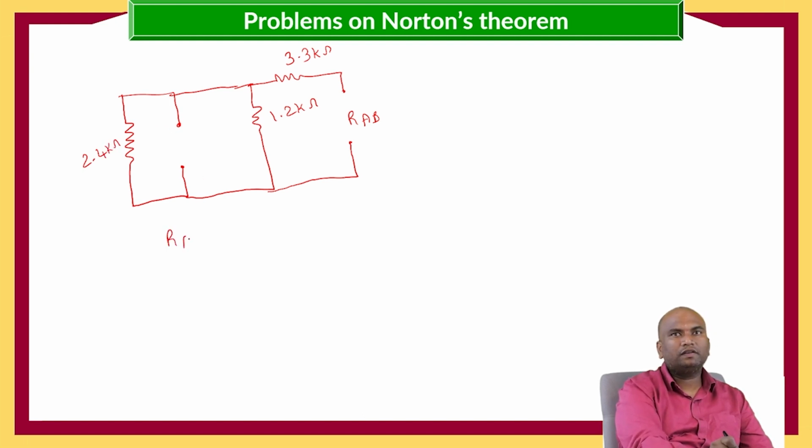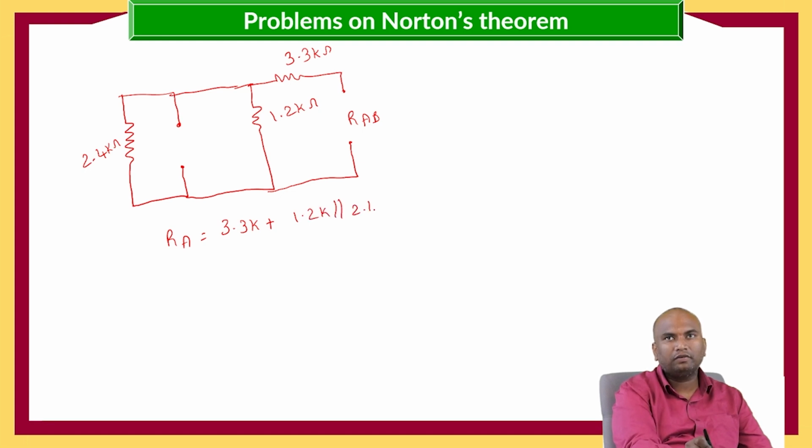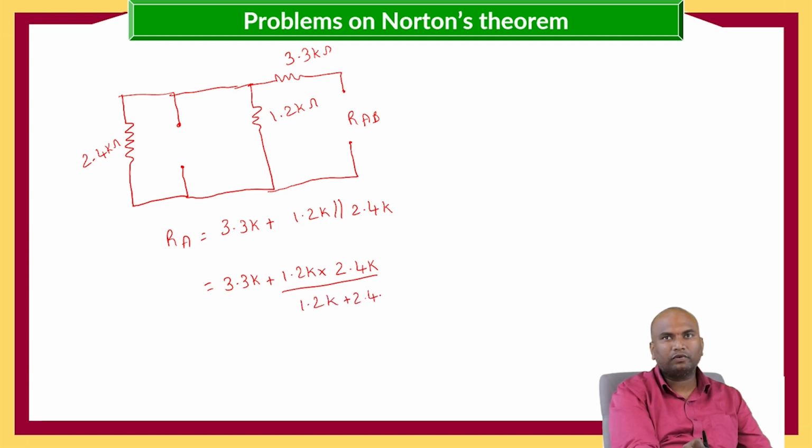So RAB is equals to 3.3 kilo plus 1.2 K is in parallel with 2.4 K, which is equals to 3.3 K plus 1.2 K into 2.4 K divided by 1.2 K plus 2.4 K, which we are going to get as RAB or RN.